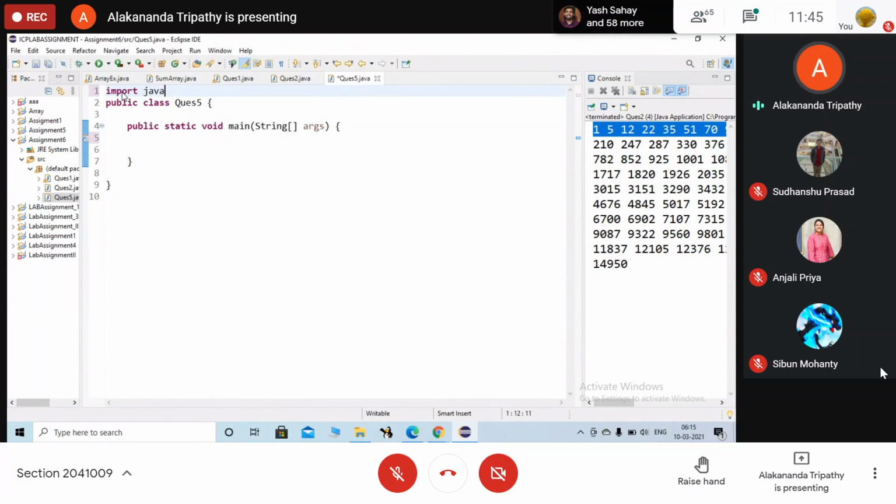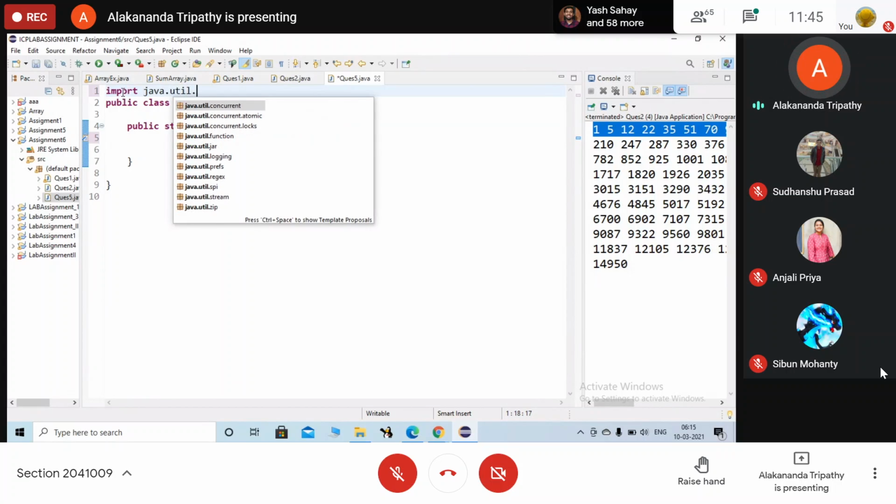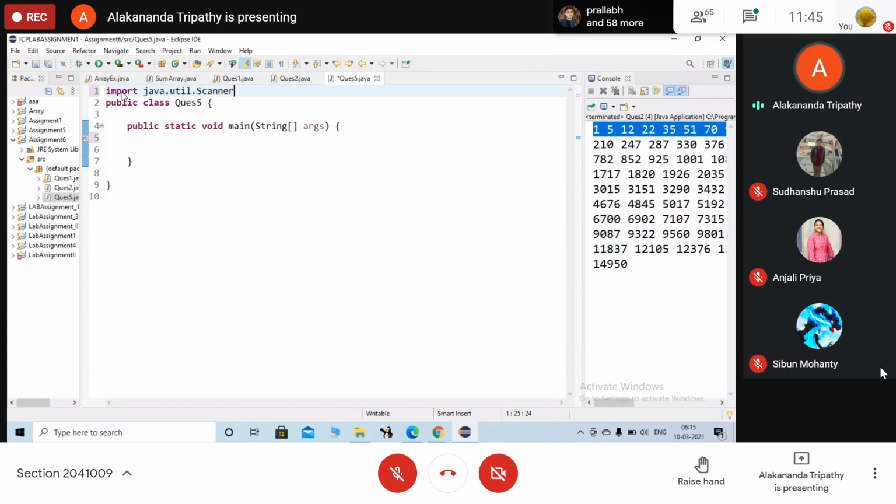Import java.util.Scanner. New Scanner(System.in).